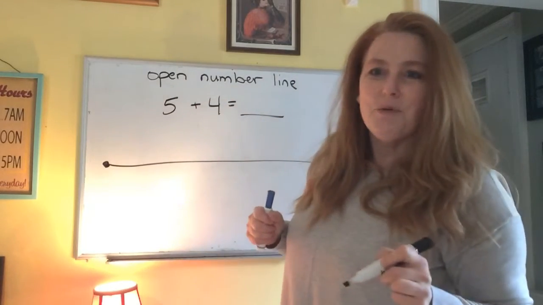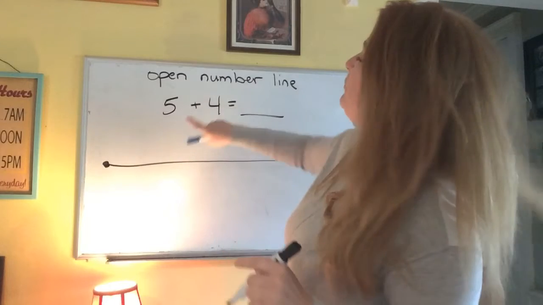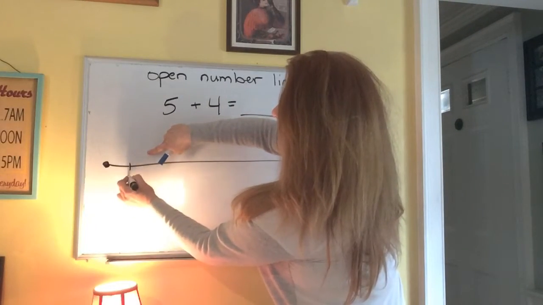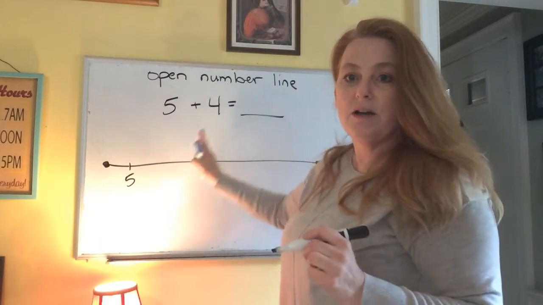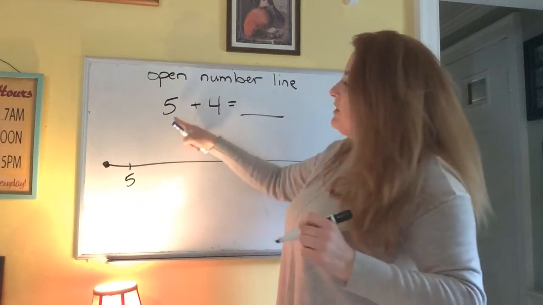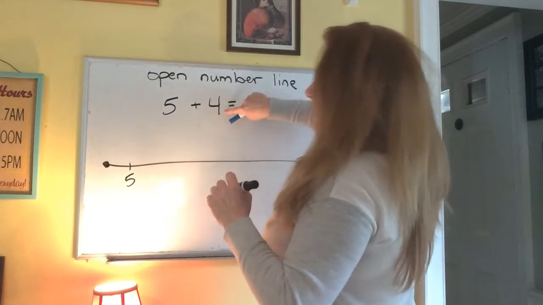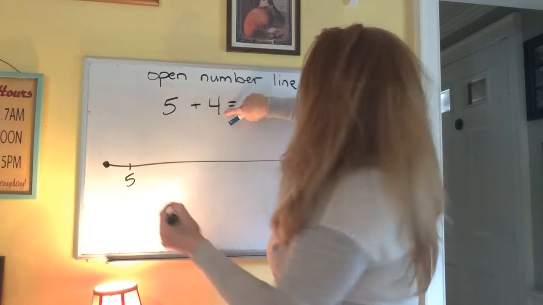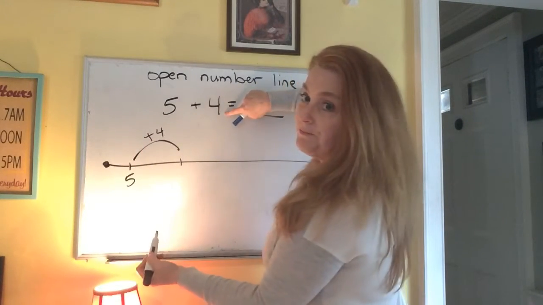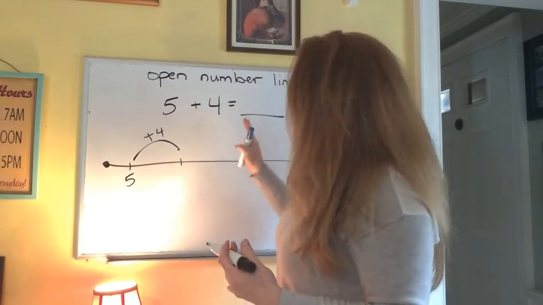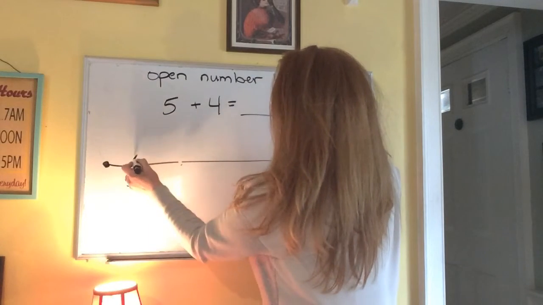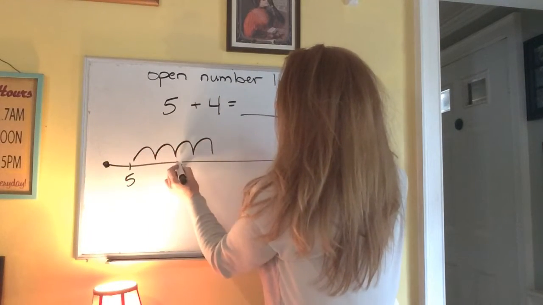I know you know 5 plus 4. But just to remind you, when you begin, your first addend goes way to the left, because as the numbers get larger, they're going to move to the right, and you need room for that, okay? So we start with 5, and then we're going to add 4, and we can do that one of two ways. If you think you know it, you can just do plus 4. But if you're not sure, you can break it down into smaller jumps. So you could go 1, 2, 3, 4.